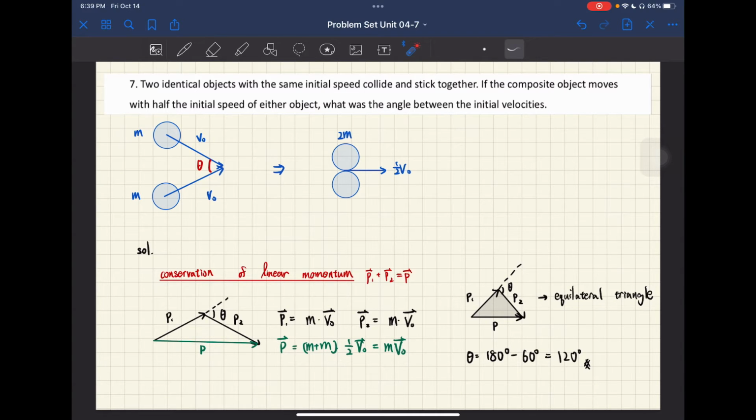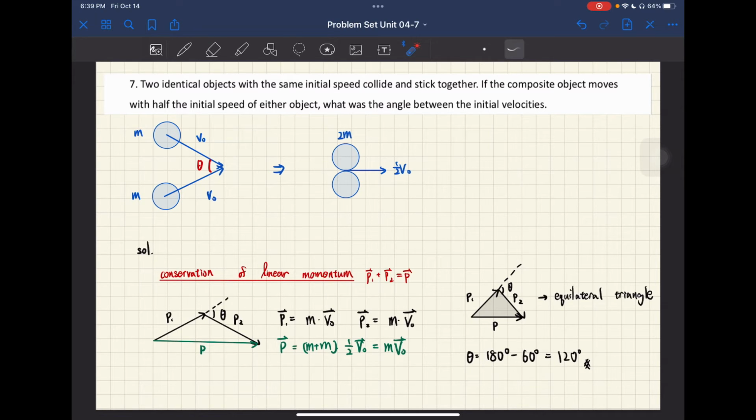After they collide with each other, the mass of the composite object should be 2m, and the speed will become v0 over 2. Okay, after this, we start to figure out the solution of this problem.